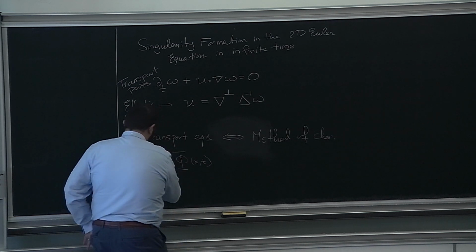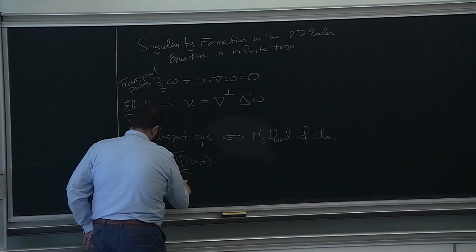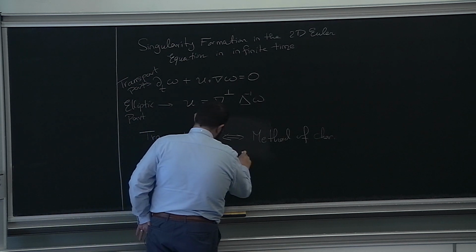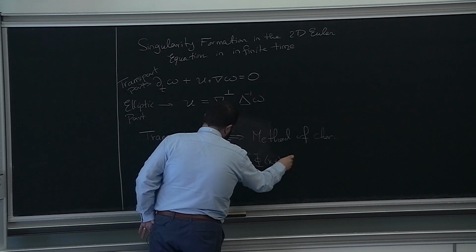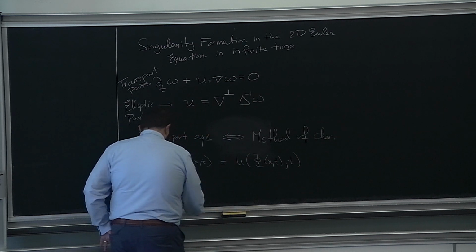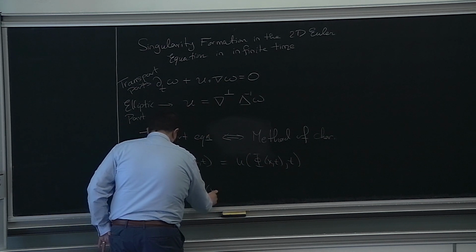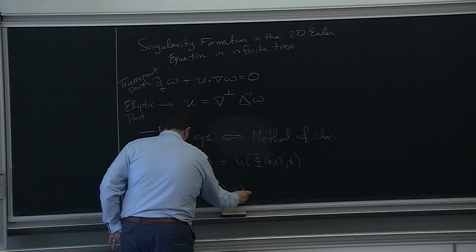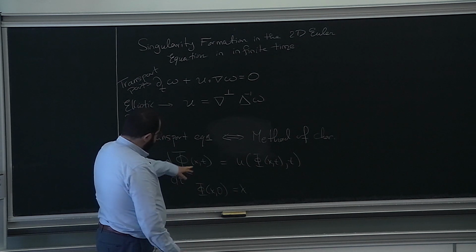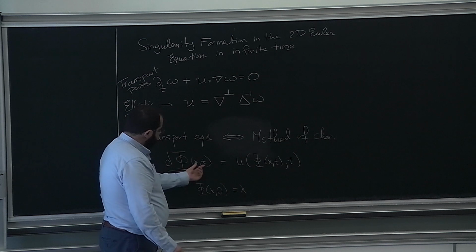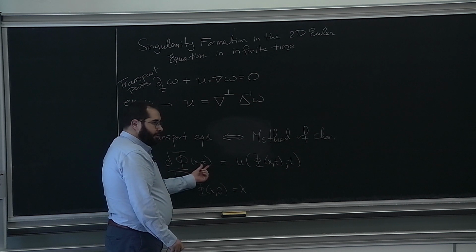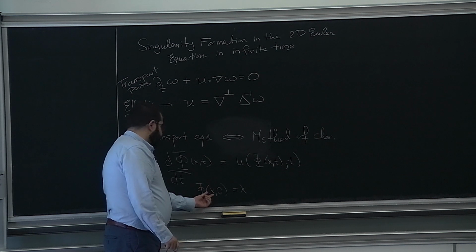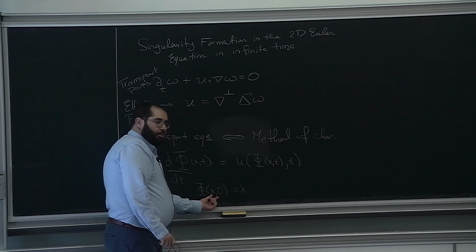And it satisfies the ODE. It tracks the motion of a point. So phi of x,t is the position of the particle that started at time 0 at point x, right?